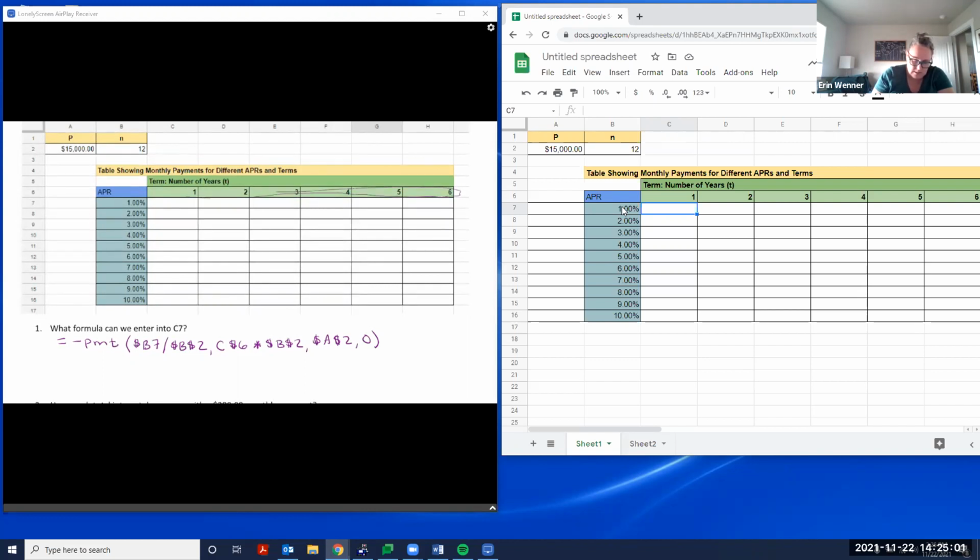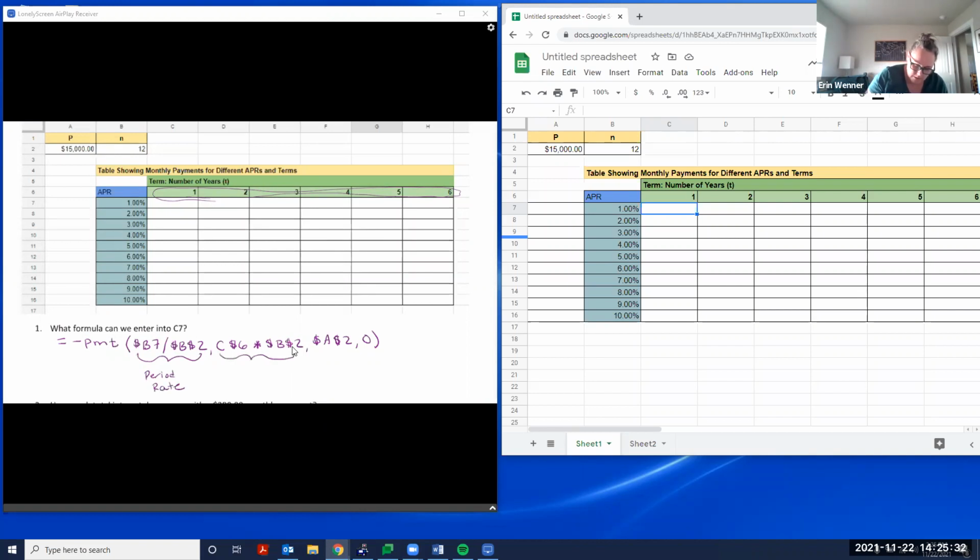And what that's doing is it is allowing for our number of years to change, but it's fixing that row. So now it's taking our year number and again multiplying it by 12, because it's telling us how many payments we're going to end up making over the course of our loan. So this part is our period rate, which is taking our APR dividing by 12.